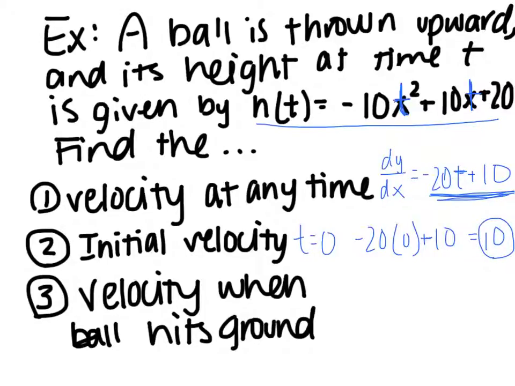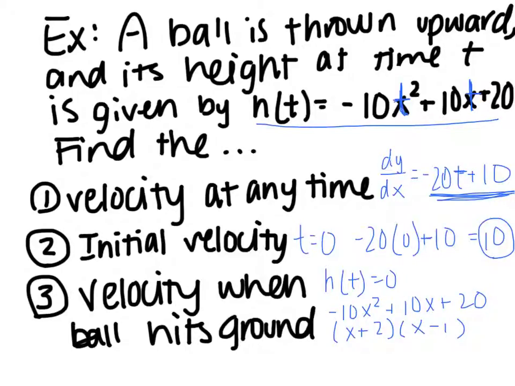And then the velocity when the ball hits the ground is basically when h of t equals 0, or when height equals 0. So we have to factor h of t. We have negative 10 t squared plus 10t plus 20, which factors to, let's see, 10 times negative t minus 2 times t plus 1.